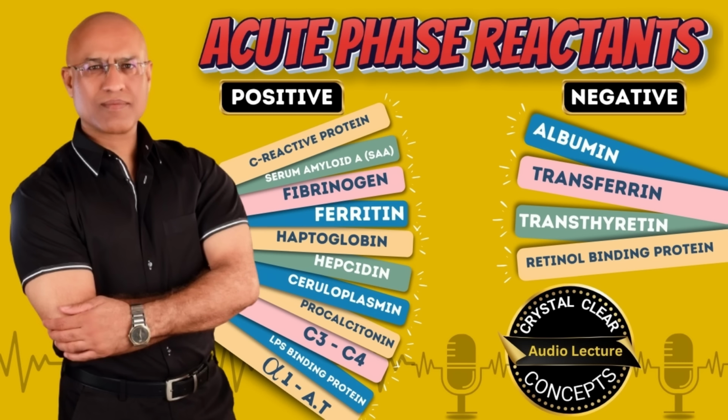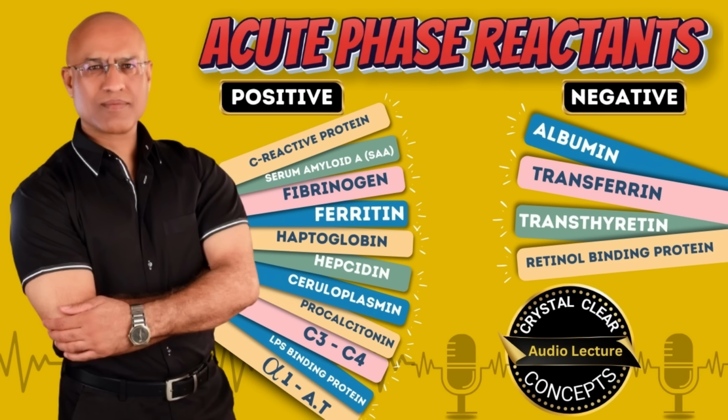So up to now, what did we learn? Number one, what are acute phase proteins? Acute phase proteins or acute phase reactants are those proteins present in the blood which change on any type of injury, trauma, infection, any stress. It may be infection, inflammation, surgery, trauma, ischemia like myocardial infarction, autoimmune diseases, allergic reactions, even neoplasia, which also damages our tissues.